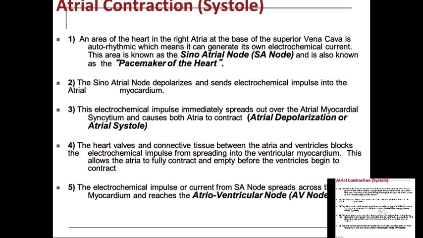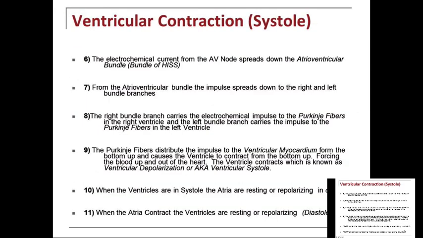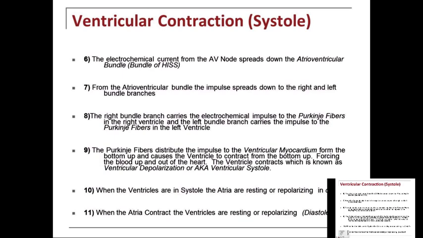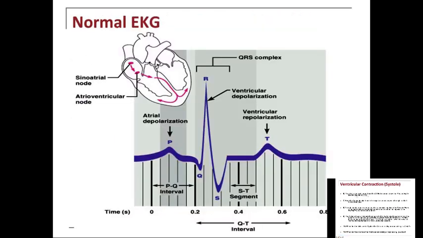Okay, and then the SA node is going to relay that information to the AV node, and then from the AV node to the bundle of His, and then the bundle of His is going to divide into the right and left bundle branches in the interventricular septum, and then those bundle branches move downwards to the apex, up and around to the right and left ventricles, where they divide into those Purkinje fibers.